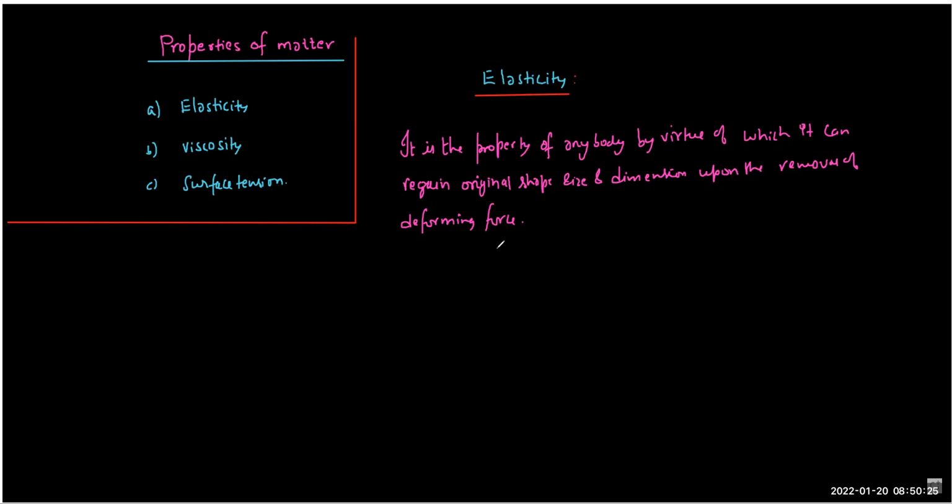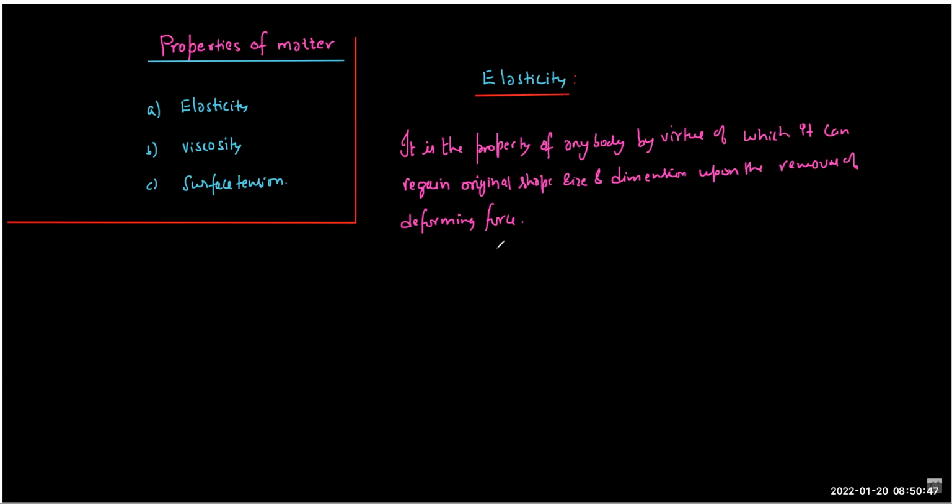Now you may think about which objects are more elastic. If I ask you which one is more elastic, the steel wire or the rubber band, which one is more elastic? Rubber band. Now this is a very general intuition about elasticity because that is how you have perceived it.